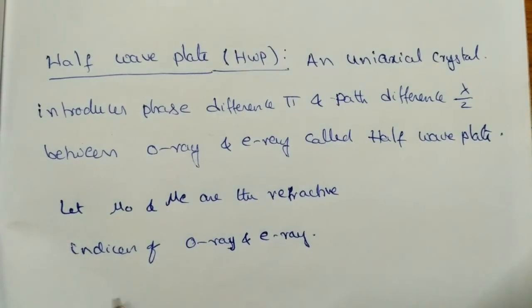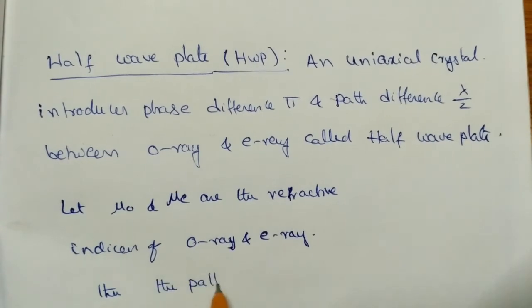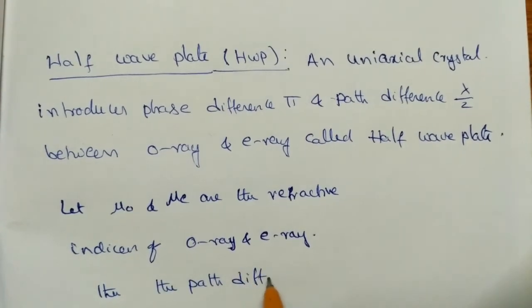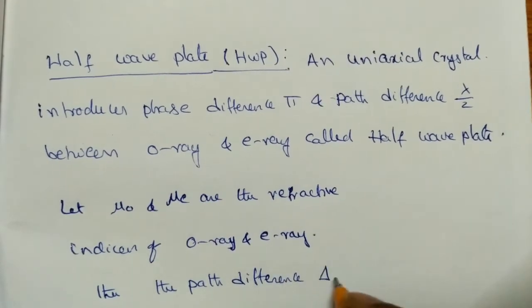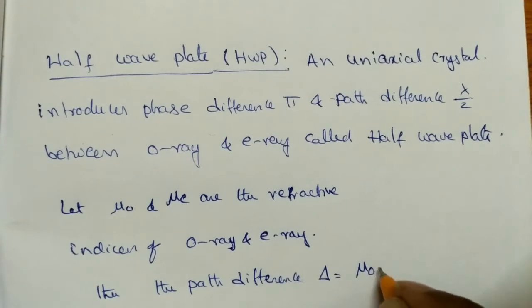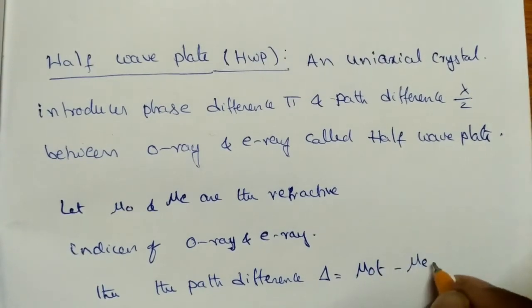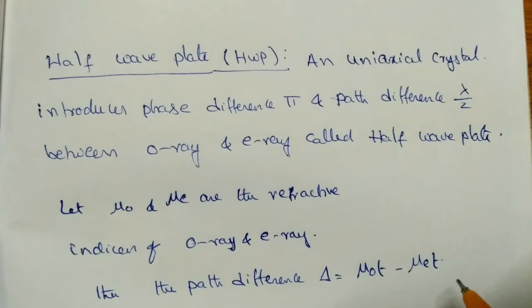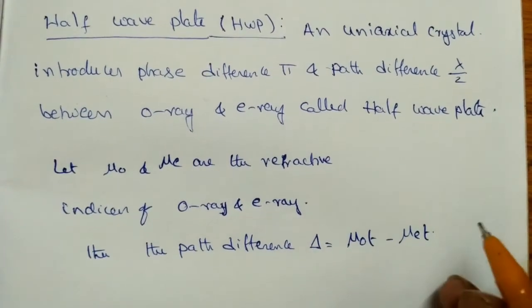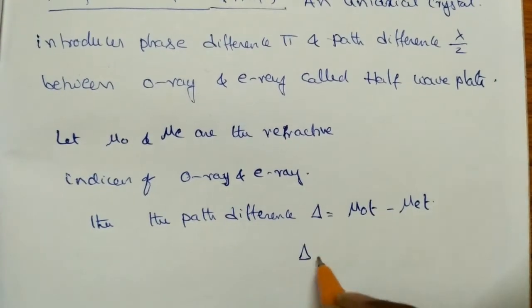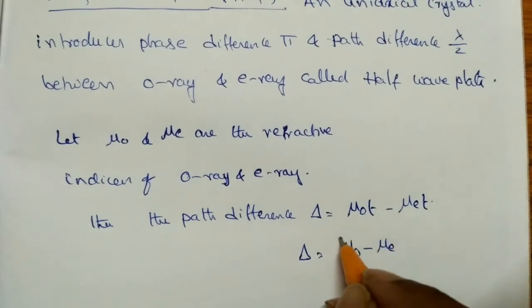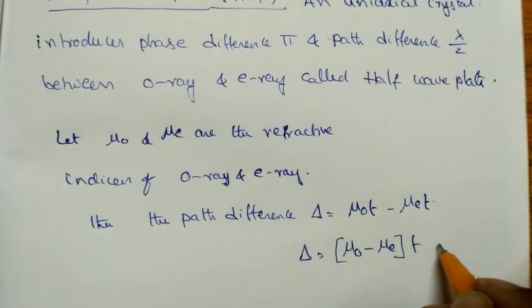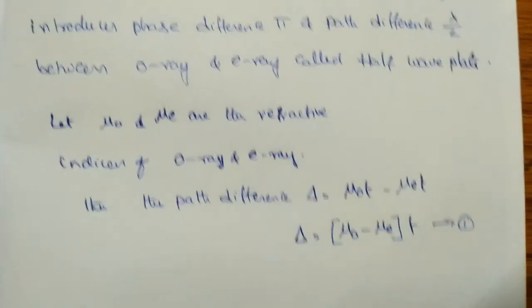Then the path difference delta is equal to mu O into t minus mu E into t, where t is the thickness of the crystal. Then delta is equal to mu O minus mu E into t. This is equation number 1.